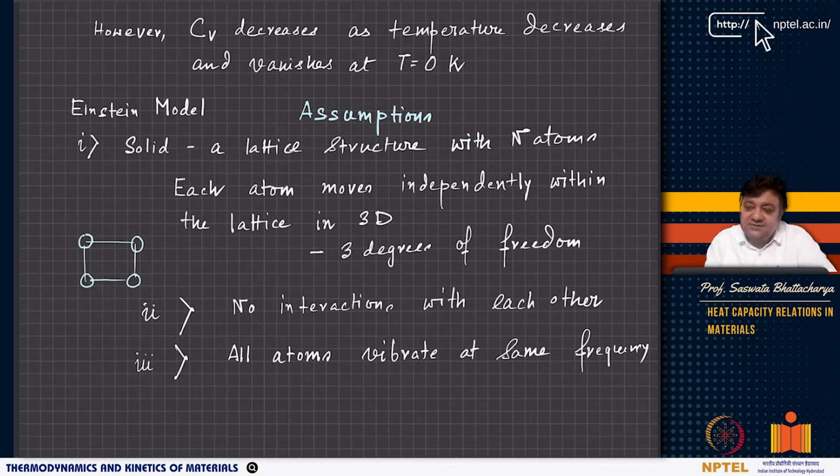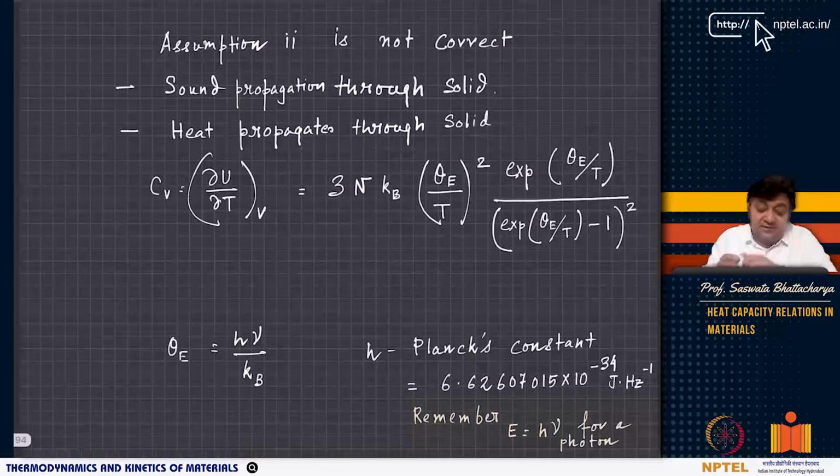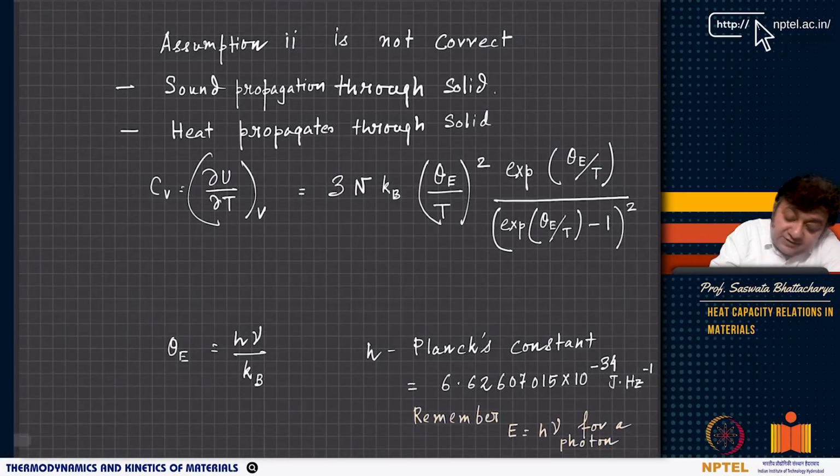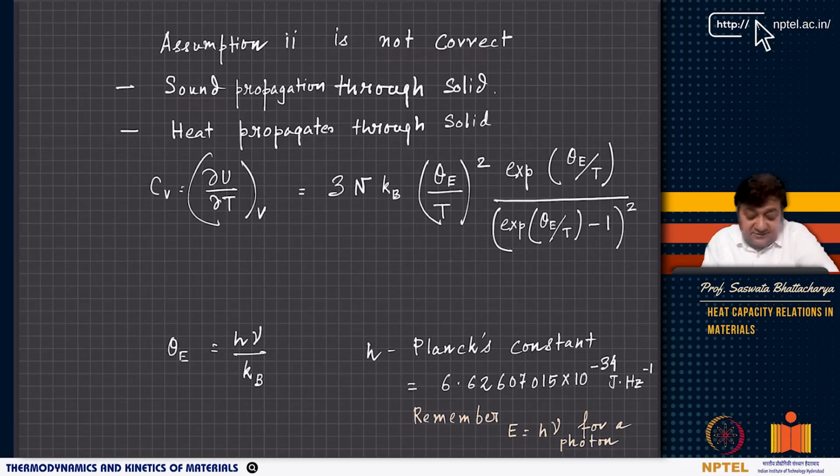Otherwise cooking or many things would not be possible. How is it possible? That means heat also has to travel through the solid. So if there is no interaction, how does it travel? Or sound also has to travel through the solid, how does it travel if there is no interaction between atoms? So assumption 2, as you can see, is not really correct. Sound propagation or heat propagation through a solid does take place, right?